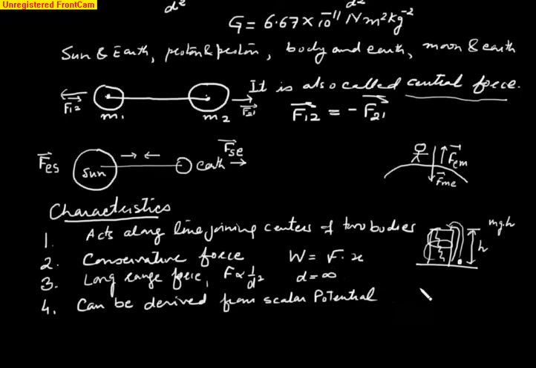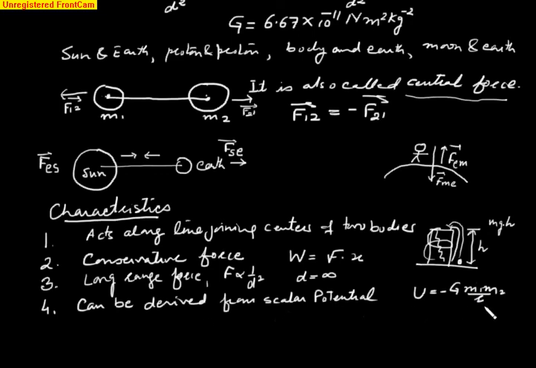Now what is the meaning of it? Suppose we have gravitational potential which is given by minus G m1 m2 over r. This is a scalar quantity because nothing is vector here, and this is a potential.